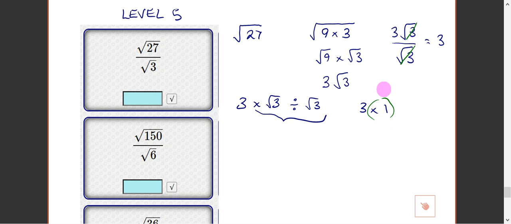So it's not just magically vanishing into thin air. Root 3 divided by root 3 becomes 3 times 1, and when you multiply by 1, you don't really do anything.